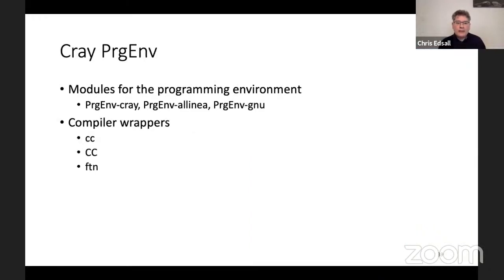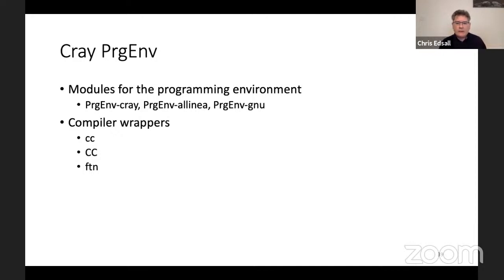If you're building software, what does the environment look like on a Cray? I guess compared to a tool chain in Isambard, the Cray concept is a programming environment. So you log in and you choose your programming environment. The default one's Cray, but you can switch it using the modules to Allinea, which is their name for the ARM compilers and the ARM performance libraries, or switch it to GNU.